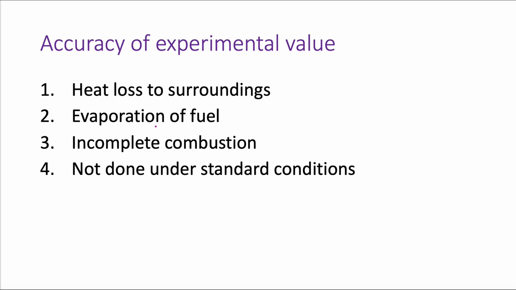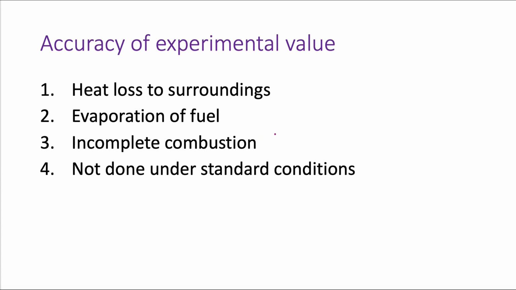So that fuel that's evaporated hasn't been burnt, and therefore when we include the mass of that, it's actually giving us a more inaccurate value of the mass of fuel being burnt. So with these fuels, they can evaporate, and that can lead to our experimental value being inaccurate.